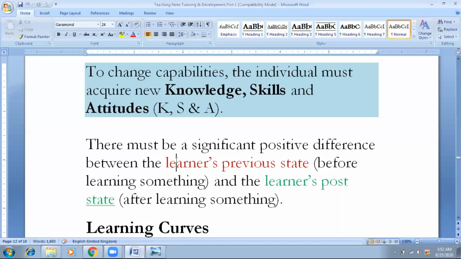So learning has taken place when the learner or the trainee believes in something which he or she has not believed in before. The learning has taken place when the learner appreciates something which he or she has not appreciated before. Assume you did not appreciate training and development.